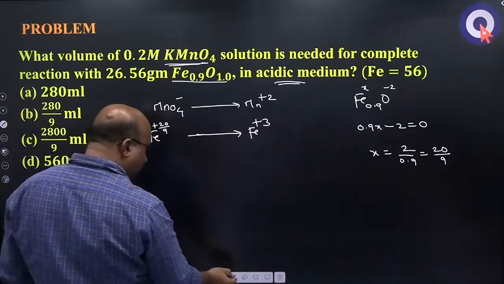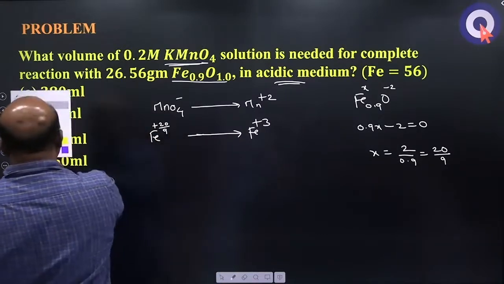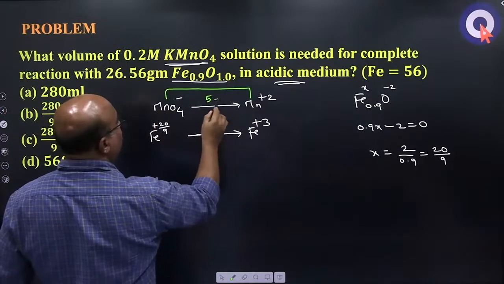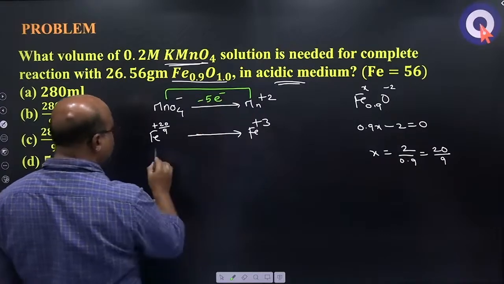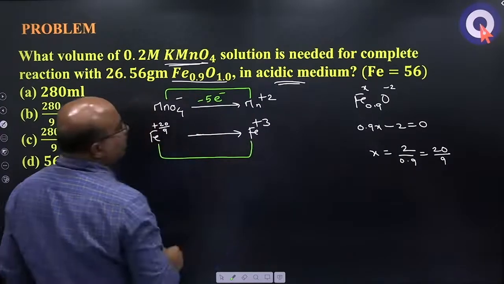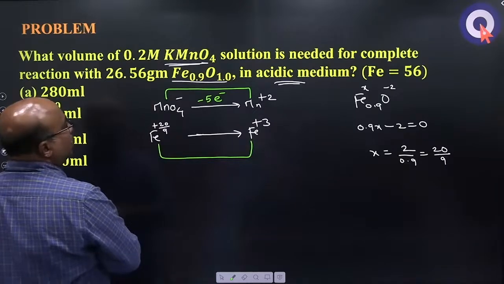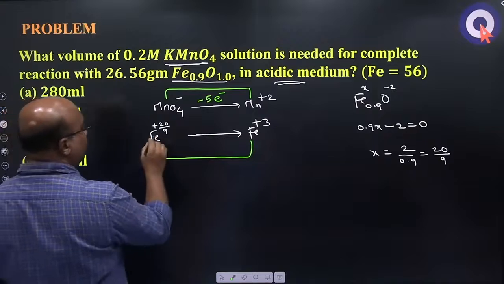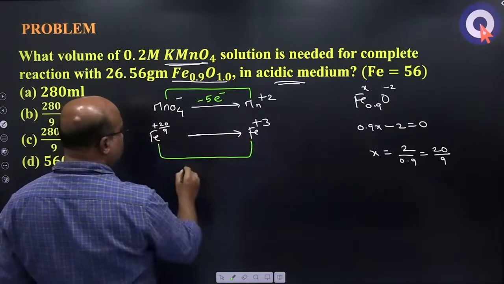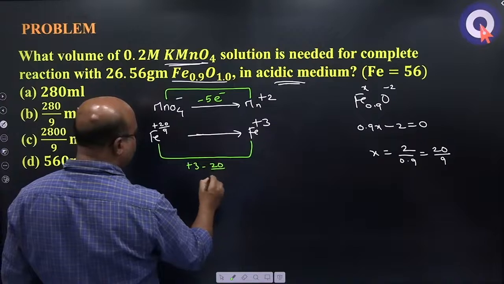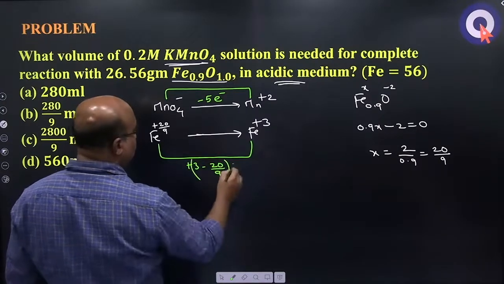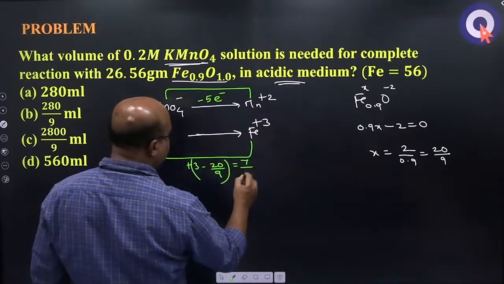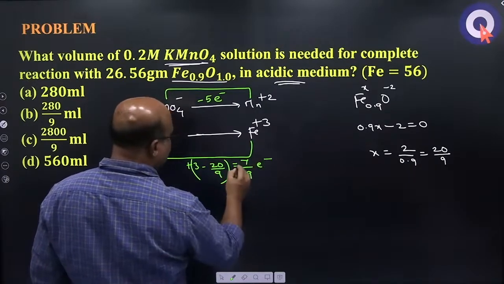So what is its n factor in this case? The n factor of Mn is 5, as it has gained 5 electrons. For iron, the oxidation state changes from +20/9 to +3, so it is 3 minus 20/9, which is 7 by 9.